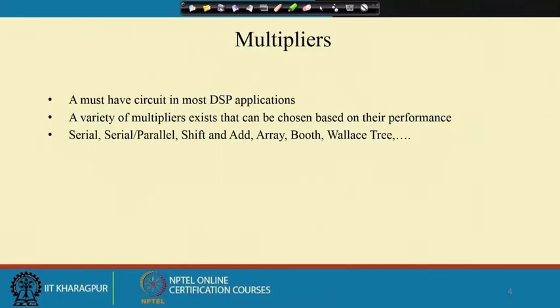That is why the architectures are serial, serial-parallel, shift and add, array, Booth multiplication, Wallace tree multiplication, Dadda multiplication, hybrid multiplication, and recently people have developed Vedic multiplication. So many multiplier architectures are there.